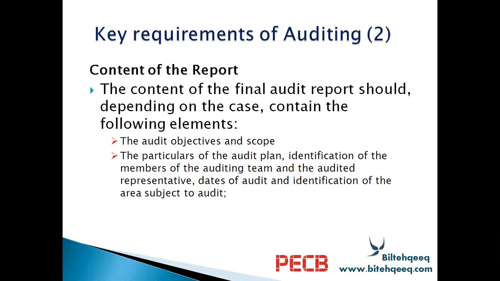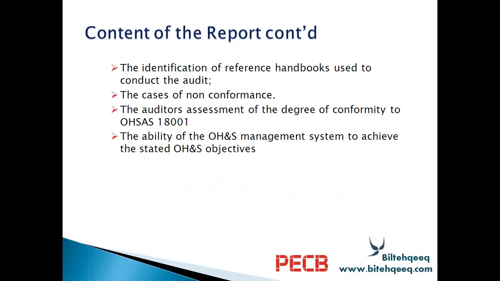And at the end of the audit, there should be an audit report which should be submitted to the client, and the contents of the audit report should, depending on the case, contain the following elements: the audit objective and scope, the particulars of the audit plan, the identification of the members of the auditing team and the audited representatives, dates of the audits, and the identification of the areas subjected to audit, the identification of reference documents used to conduct the audit, the cases of non-conformances, the auditor's assessment of the degree of conformity to Occupational Health and Safety 18001, and the ability of the Occupational Health and Safety Management System to achieve the stated occupational health and safety objectives.